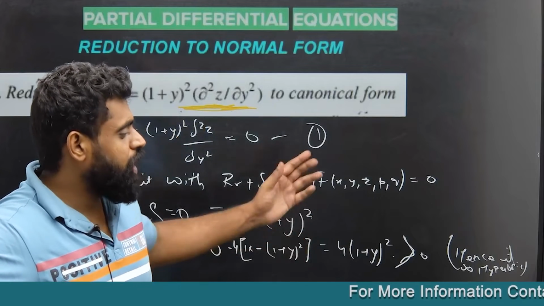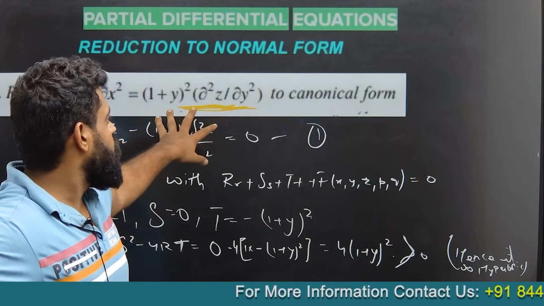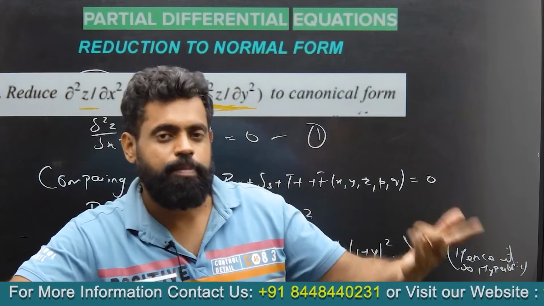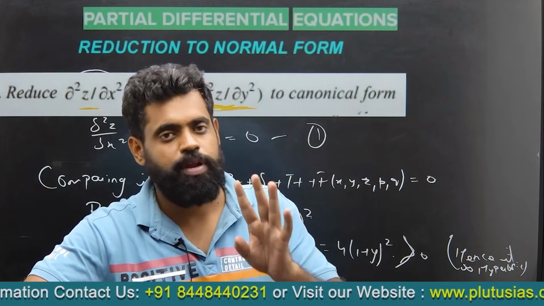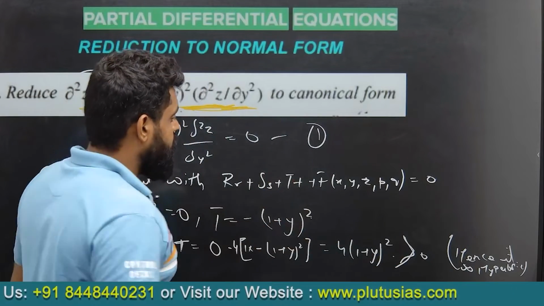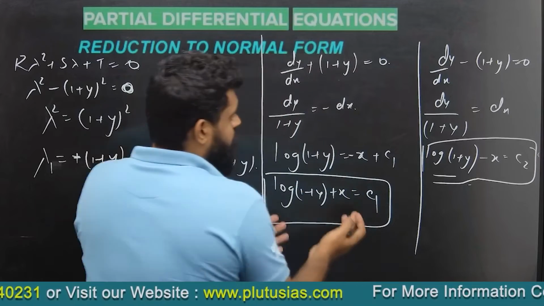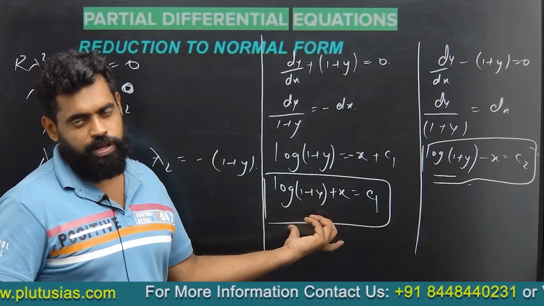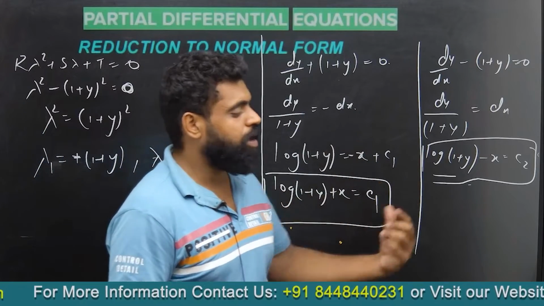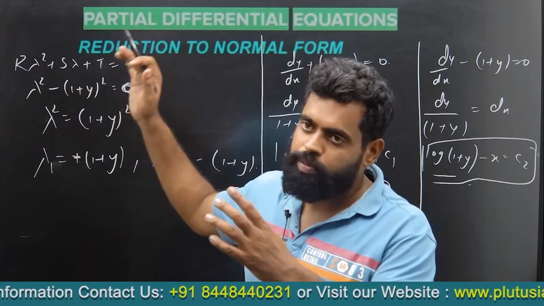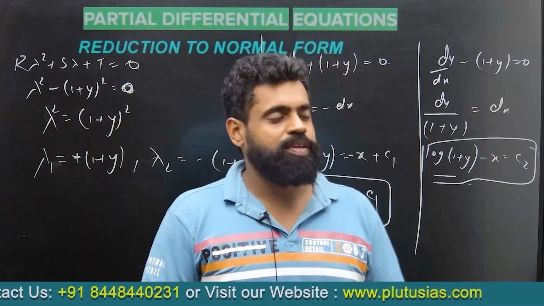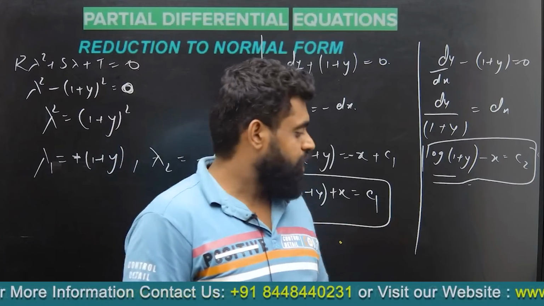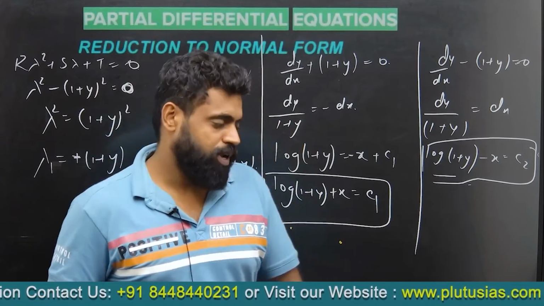So if you are able to learn solving these 3 types of question, that is the canonical form, the parabolic form, elliptic form, hyperbolic form, till this step, all the 3 types of question are done in the same way. After that we have slight changes and the use of the differential equation. In fact the whole process is the same, just how to choose the characteristic, that is the u and v, differs in different questions.